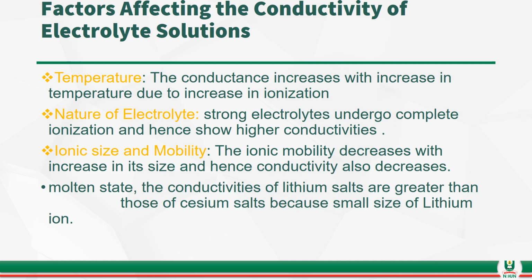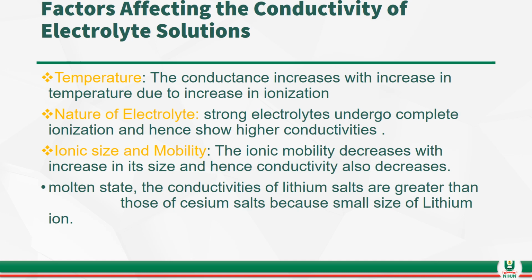The third factor that affects conductivity of electrolytic solutions is the ionic size and mobility. The ionic mobility decreases with increase in its size, and hence conductivity also decreases as ionic mobility decreases and size of the ion increases.